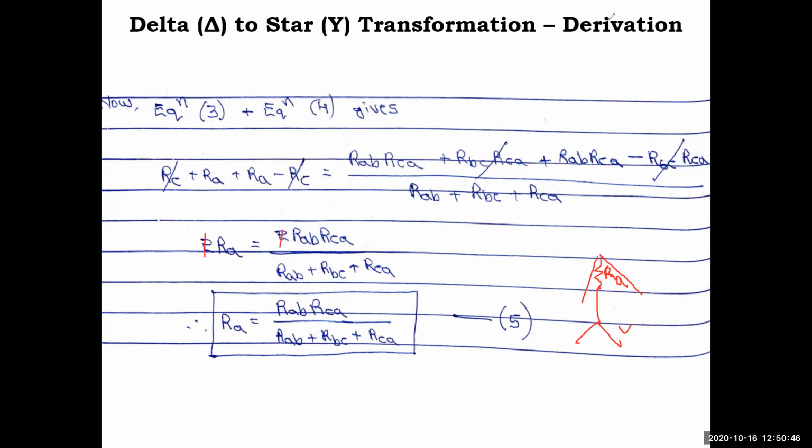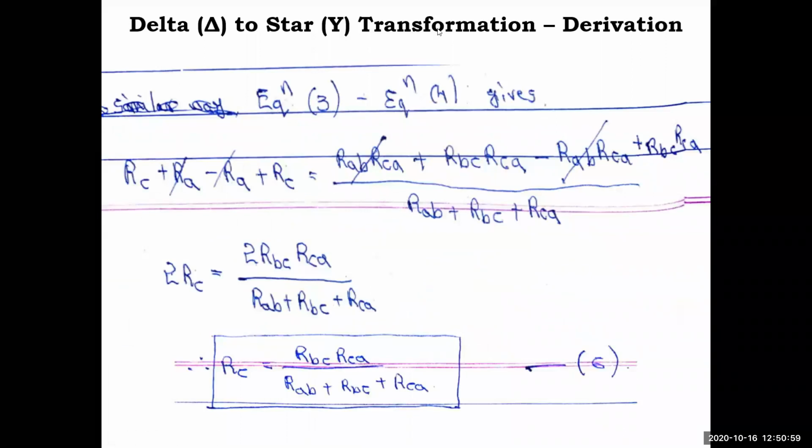Okay, so next, what we'll do: equation 3 plus 4 we made, and RA we got. Now we'll make equation 3 minus equation 4, and try to get RC. So what happened? RC plus RA: here the minus RA, there minus was there, it becomes plus. See here also, the equation changes will happen.